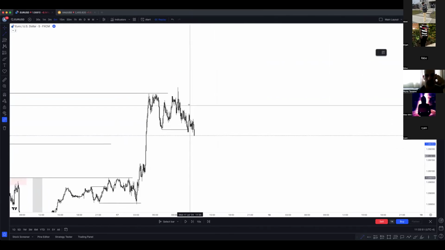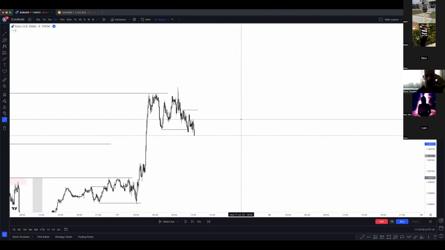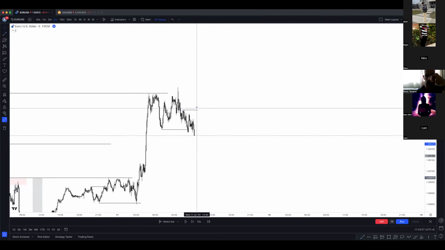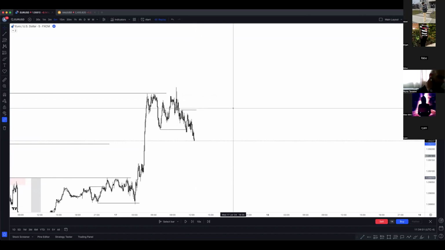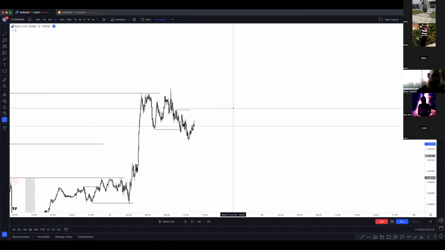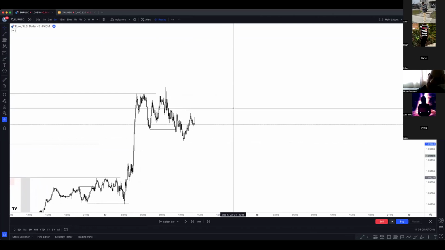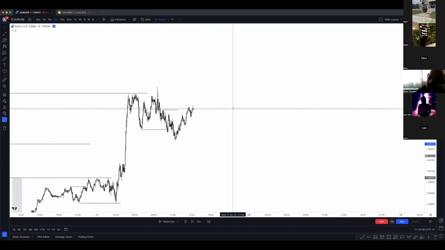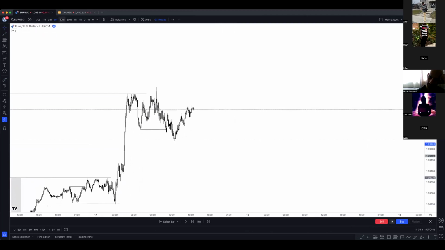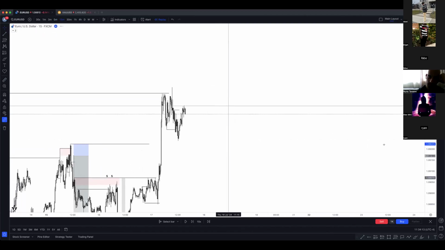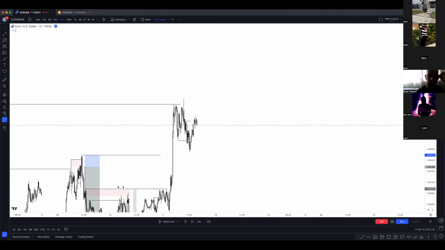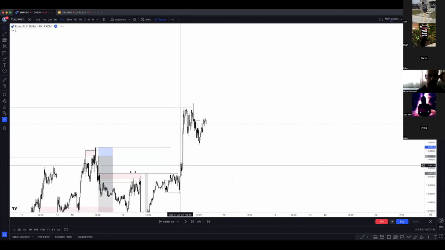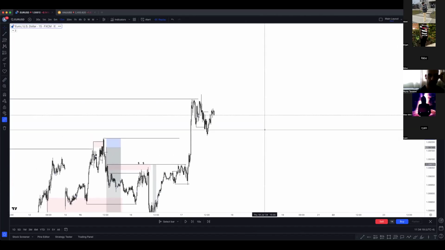Liquidity being above, I believe it just comes for this now. Rest of Wednesday, either way, end of day, you're not gonna really see much. Okay, so Wednesday will probably kind of be a write-off. I would probably hop on a different pair, only because of this massive move to the upside.